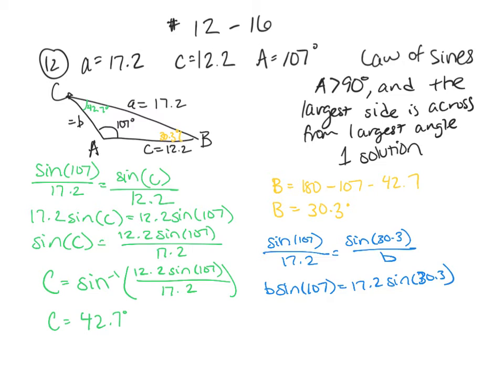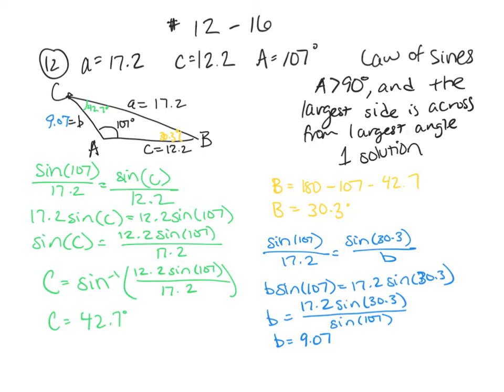Divide both sides by sine of 107. And when I plug this into the calculator, I get that B is 9.07. And this is our first problem of this video, number 12.